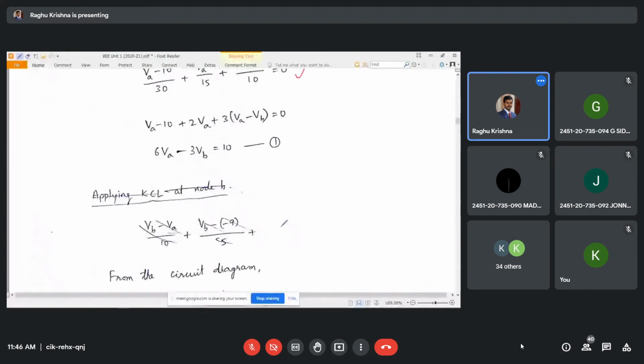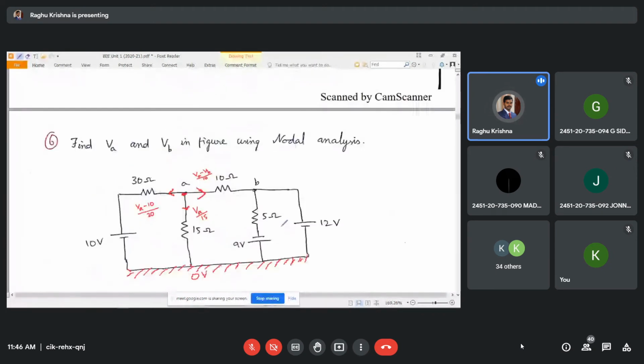This is very important, how to write the KCL equation. I assume the direction as leaving the node. VA minus 10 by 30 is the current in this branch, and VA minus VB by 10.